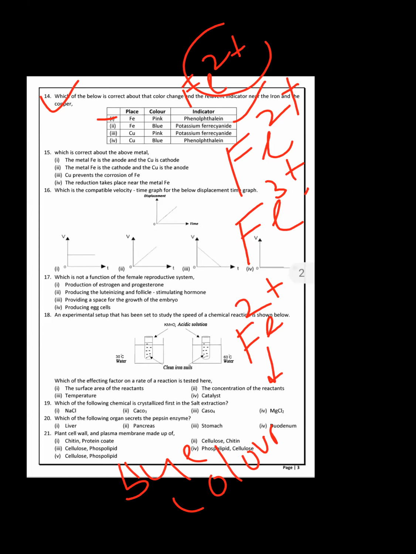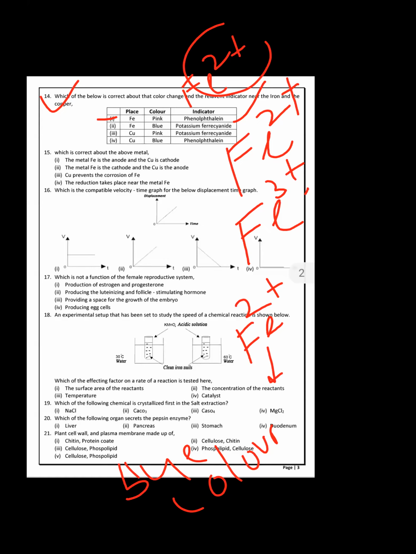15.1. Which is correct about the above metal? The metal Fe is anode and copper is cathode. The metal Fe is cathode. The metal Fe is cathode and the copper is anode. The third one, copper prevents the corrosion of Fe.